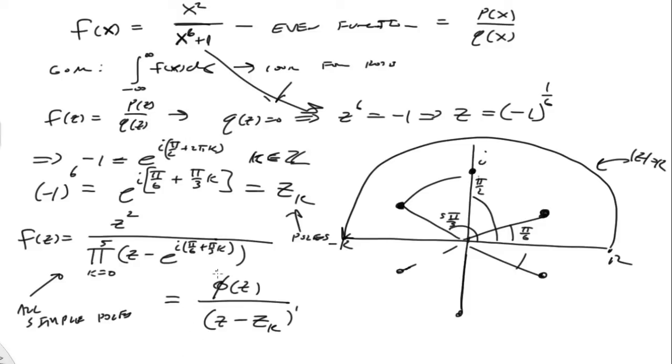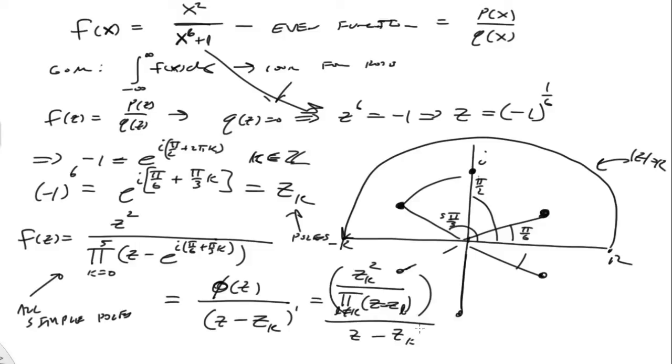The problem is actually computing and evaluating this function at all of its poles, so that we can rewrite that now as zk squared all over this product of, we'll call it l not equal to k, of z minus zl. So that's our analytic function divided by the one we want, z minus zk.